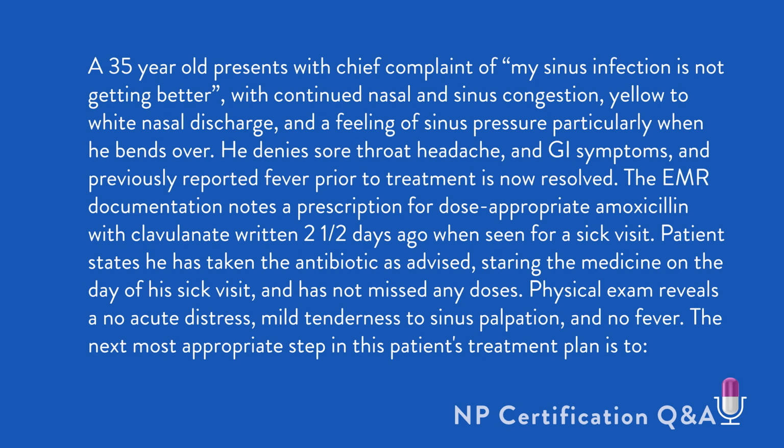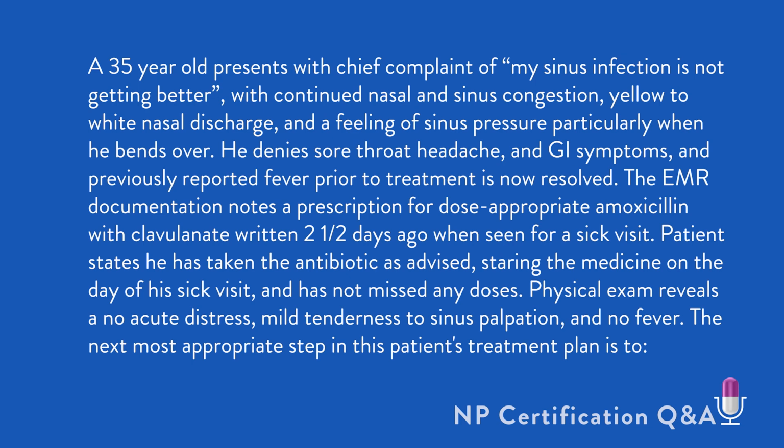A 35-year-old presents with the chief complaint of, "my sinus infection is not getting any better," with continued sinus and nasal congestion, white to yellow nasal discharge, and a feeling of sinus pressure, particularly when he bends over.